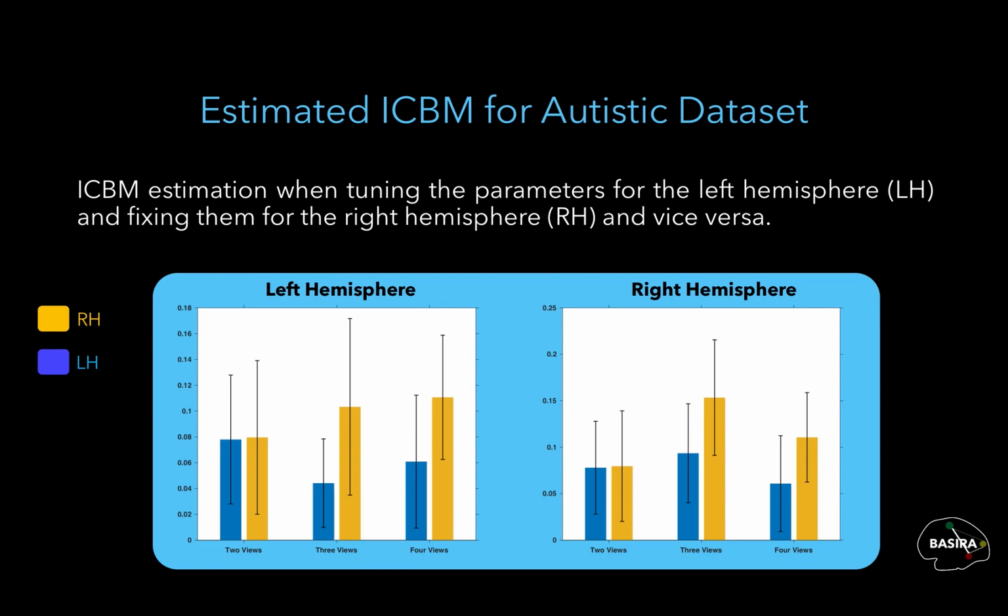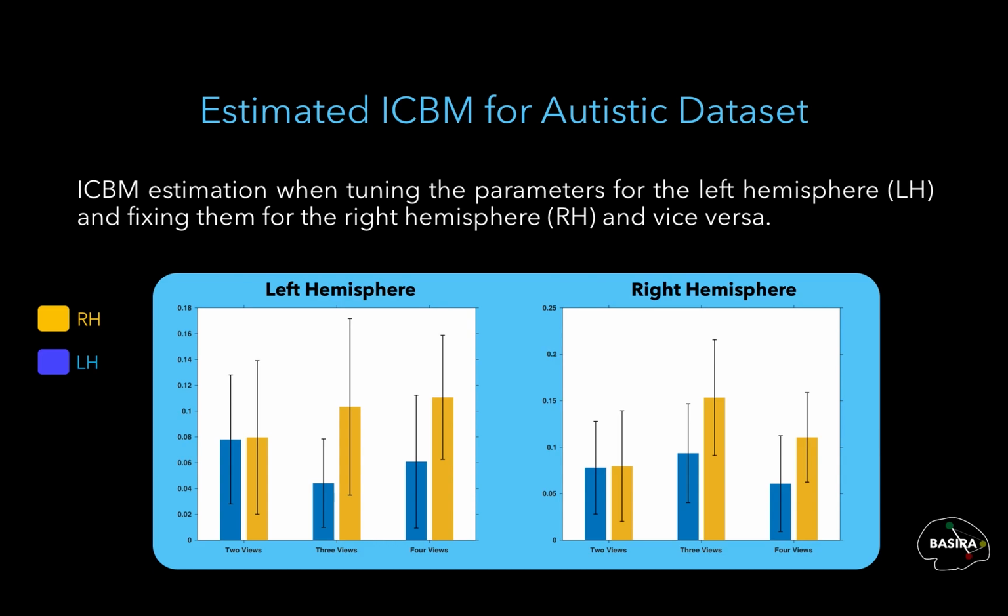We can see that both figures exhibit similar trends where the estimation of ICBM for the right hemisphere is higher than the left hemisphere for 3 and 4 view-based combinations. As for 2 view-based combination, we note that the estimated ICBM is invariant across cortical hemispheres to some extent.